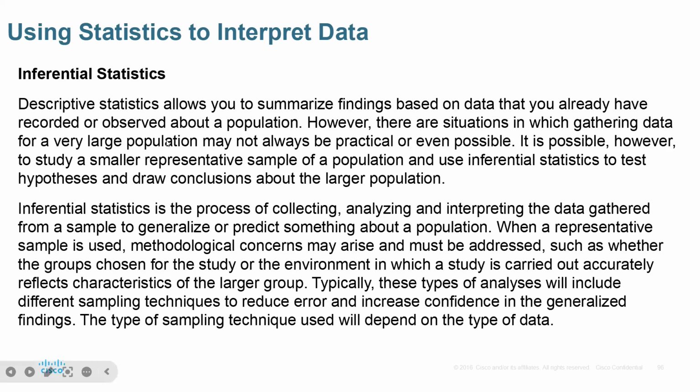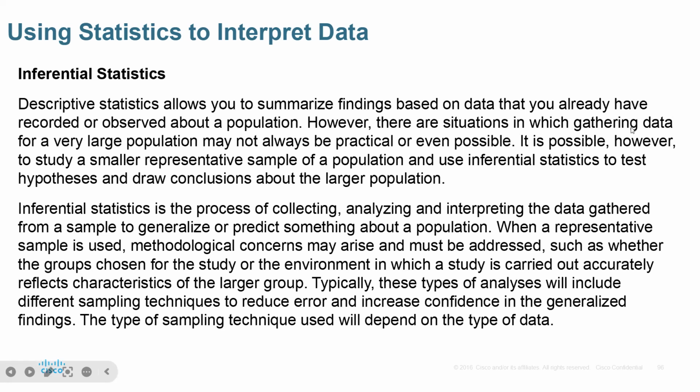Let's look at inferential. In inferential, we want to interpret and generalize so that we can do what? Predict something. We can try to tie a relationship between something with respect to that population. Descriptive allows you to summarize findings based on data you already have recorded.